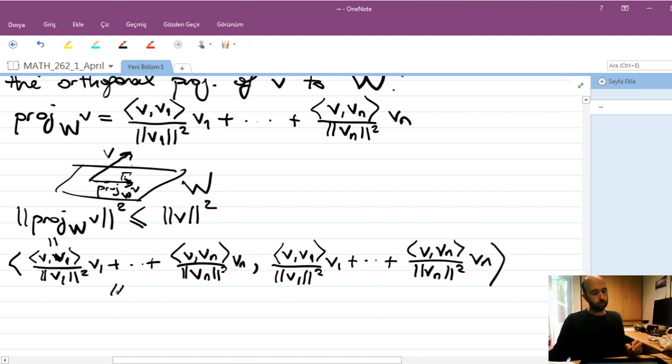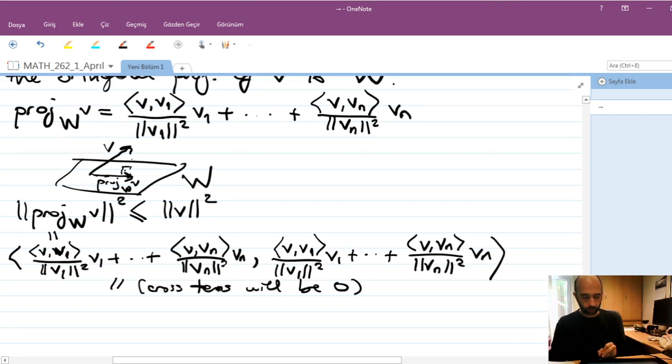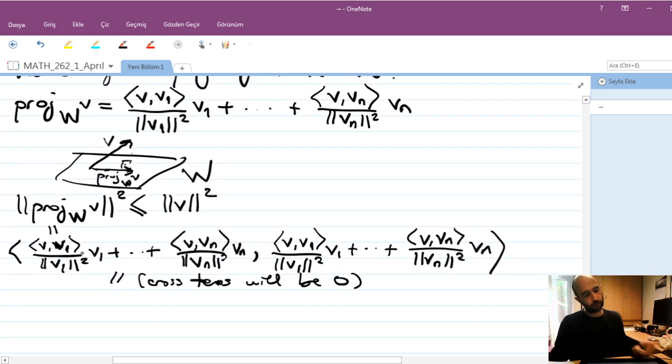But if you compute this, what do you get? Well, of course, you have the inner product of a term with the same term over the right-hand side. That will give you something. And there are cross terms. But the cross terms will give 0 because the vi's are orthogonal. So vi inner product vj will be 0. So cross terms will be 0. And you'll just get the inner product of each term with itself on the right side. And that exactly gives you a sum.